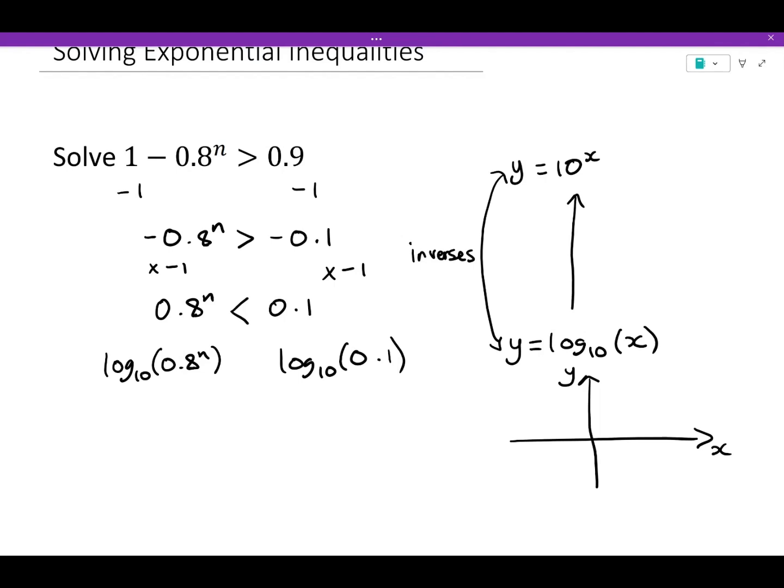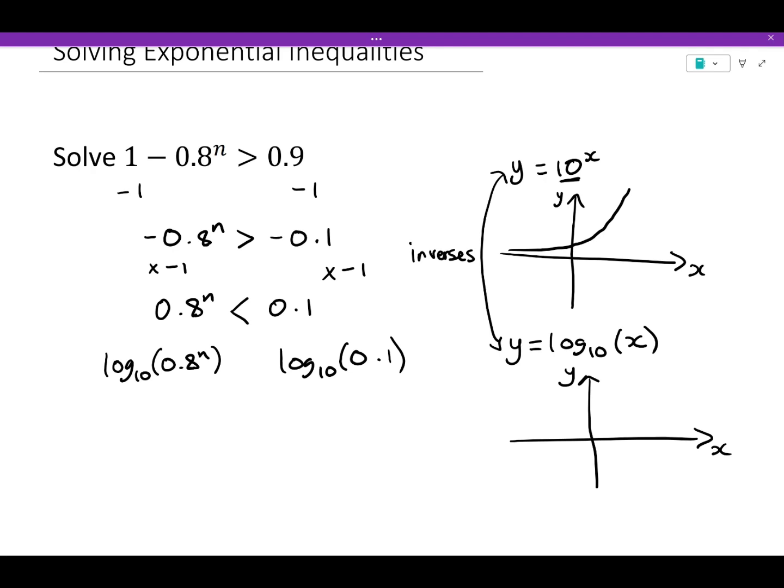For y equals 10 to the power of x, hopefully you're familiar: given our exponential base is greater than 1, this represents exponential growth, so the graph would look like that. We've got our y-axis and our x-axis. Our y-intercept should be 1, but I'm going to leave that off the graph for now as we don't really need it. Now let's consider what y equals log base 10 of x is going to be.